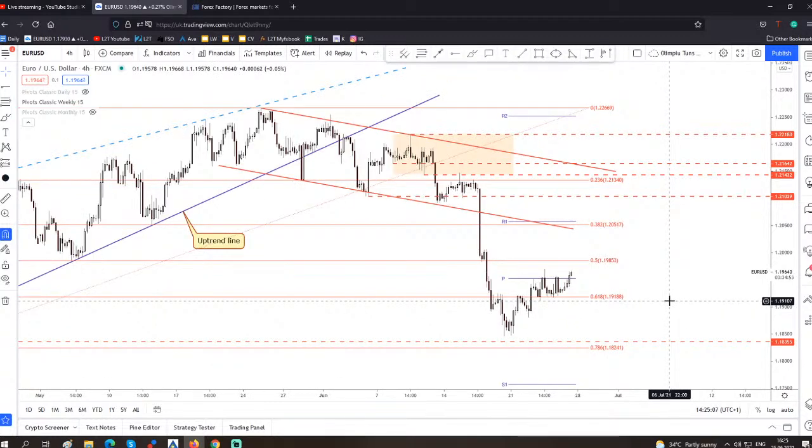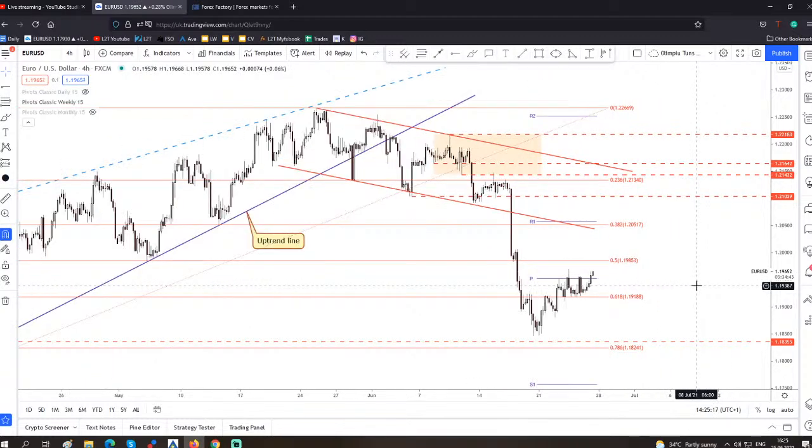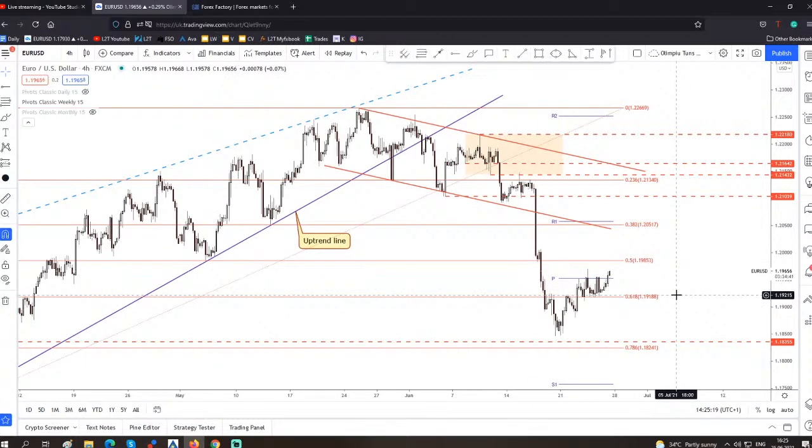As the DXY drops right now, we have a strong negative correlation between the euro versus the US dollar and the DXY. So this one could still increase. For the VIPs, as you already know, we have an open position running in profit here in euro versus the US dollar, guys.